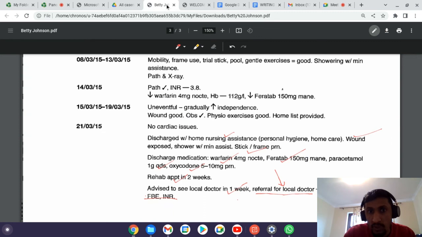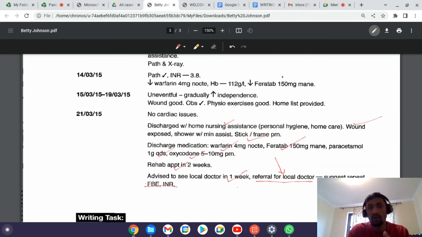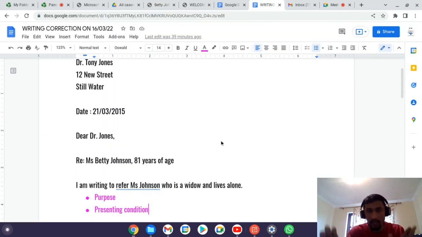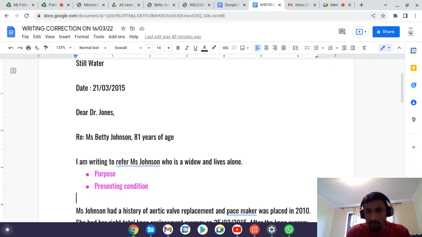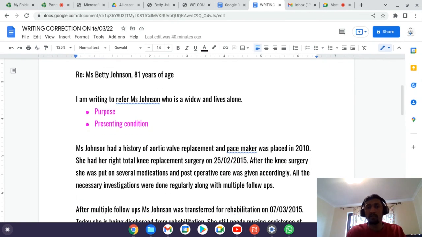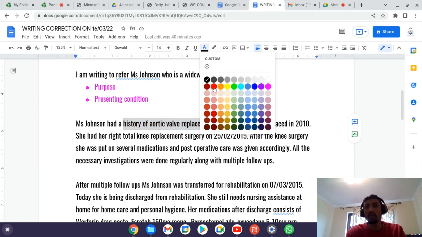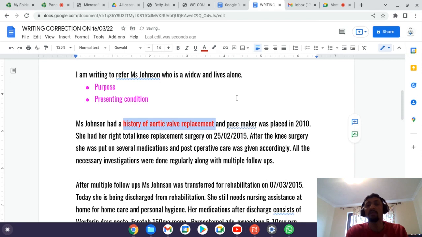So when it comes to this case, we can see some of the letter is already here. The first paragraph is about a history of aortic valve replacement. We don't want this information, because according to our own criteria for information selection, we didn't get this information.